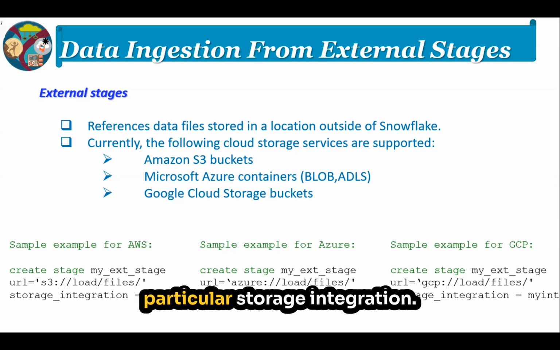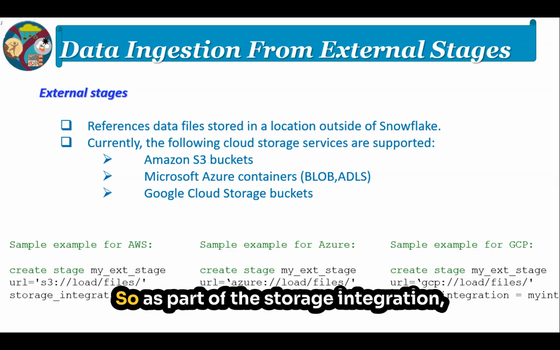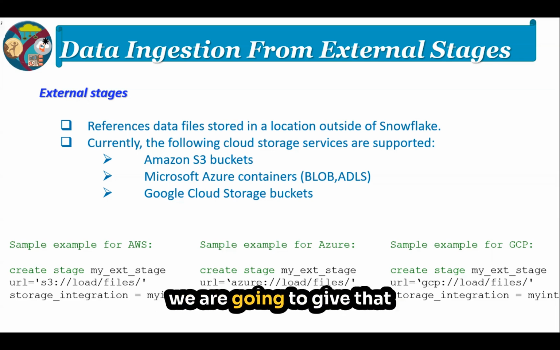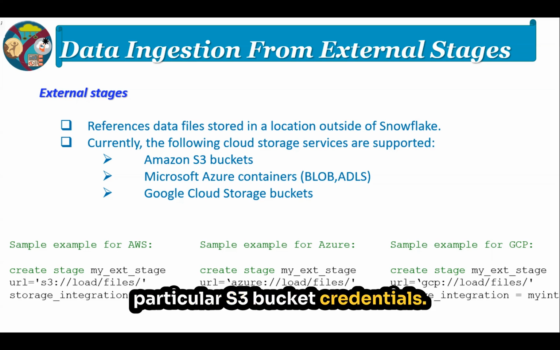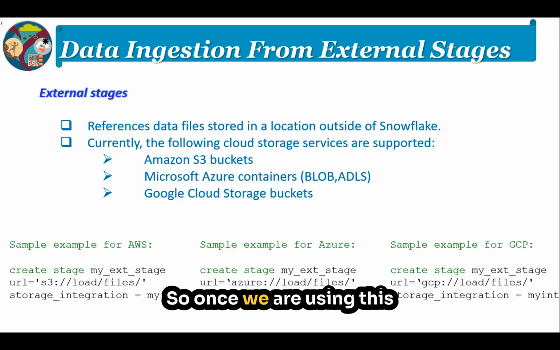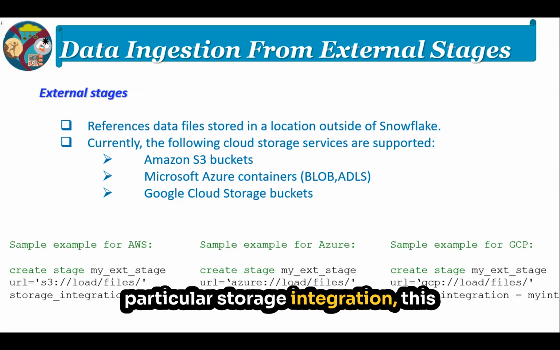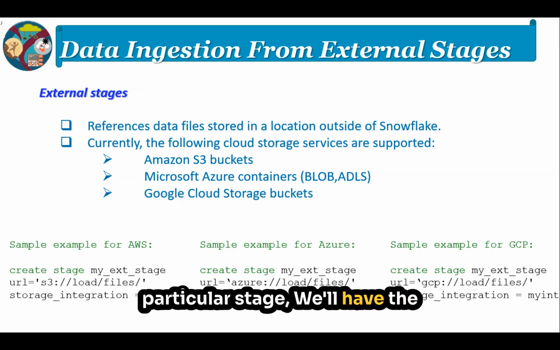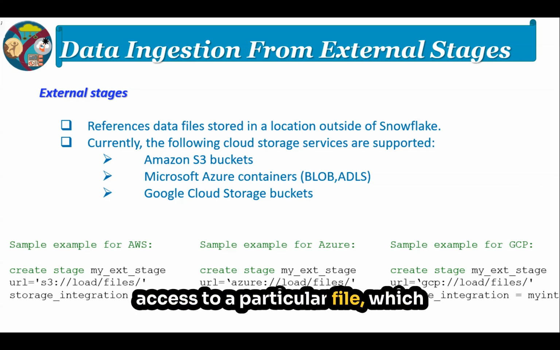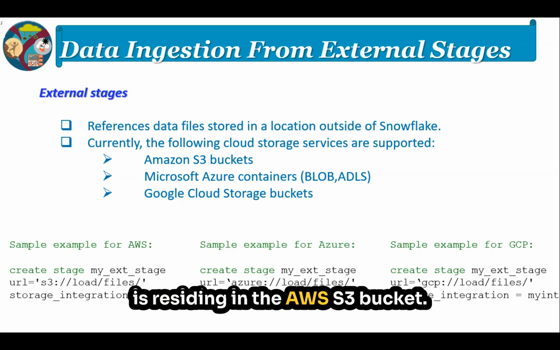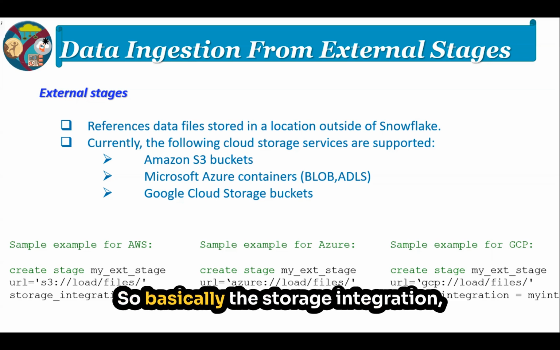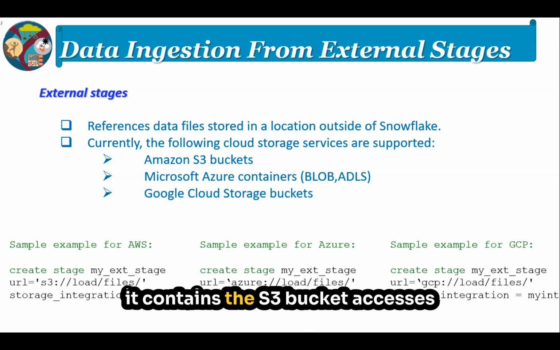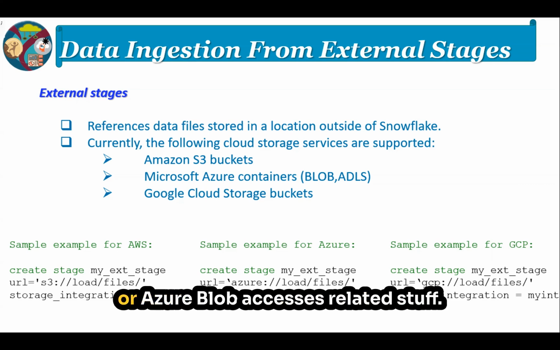Through this particular storage integration. As part of the storage integration, we give the S3 bucket credentials. Once we use this storage integration, this stage will have access to the file residing in the AWS S3 bucket. Basically, the storage integration contains the S3 bucket access or Azure Blob access related details.